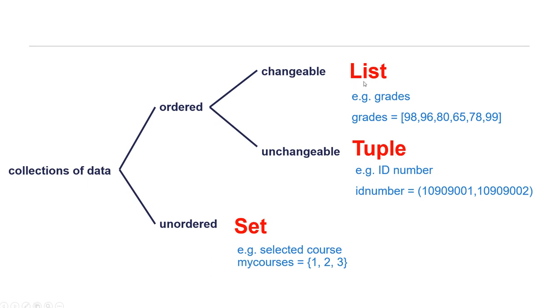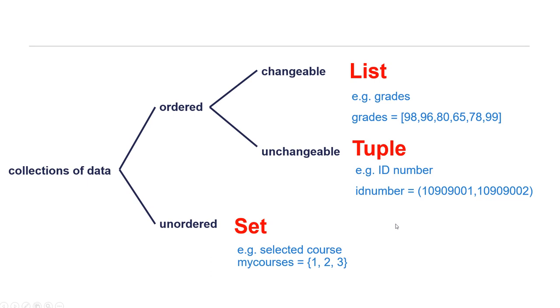If you use a list, that is a good way because all the data in the list can be changed. For example, I can change the 98 to 80, and I can change the 96 to 86, like this. So if you want to change something in the list, you need to use a list. If you want to change the items in a sequence, you will need to use a list.